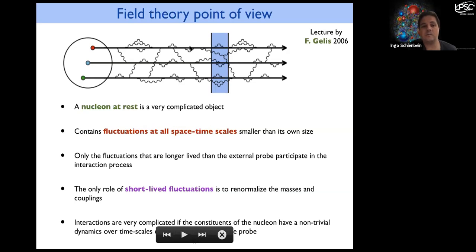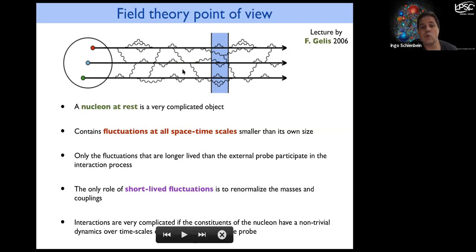And so some of these fluctuations will clearly be long-lived compared to the time an external probe will participate in an interaction. So what you see during such a probe is a complicated picture. So clearly not free partons, but they are interacting with each other and so on.